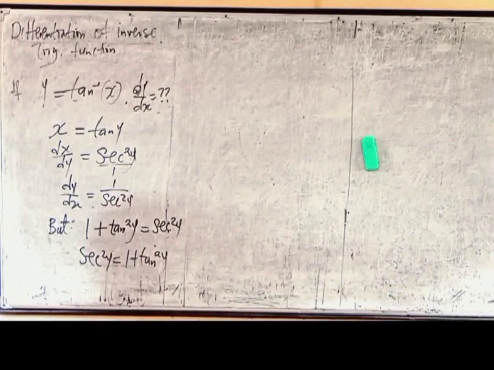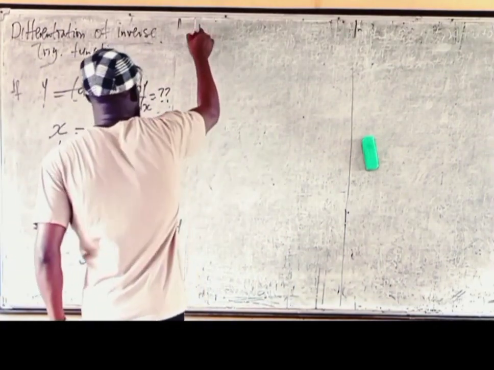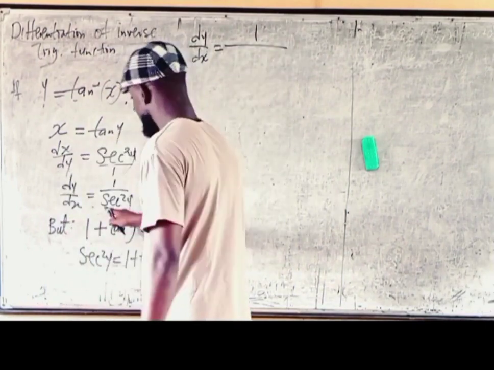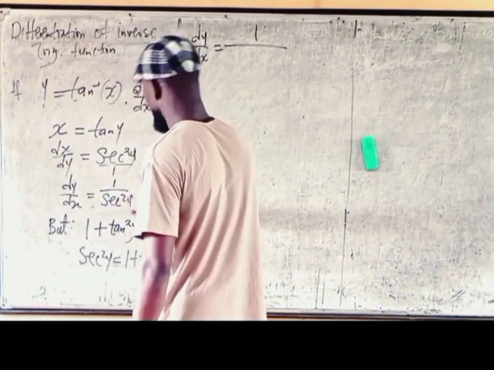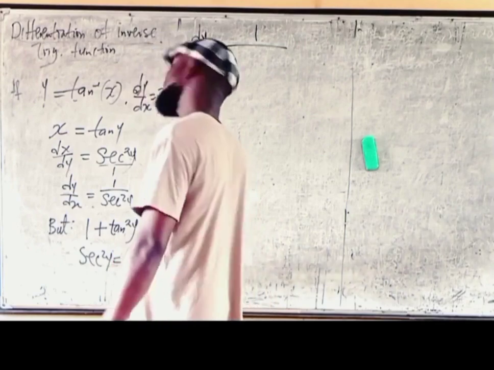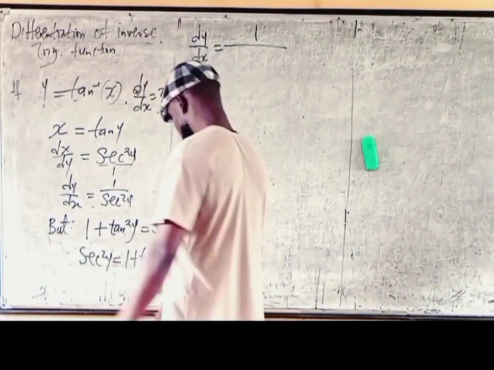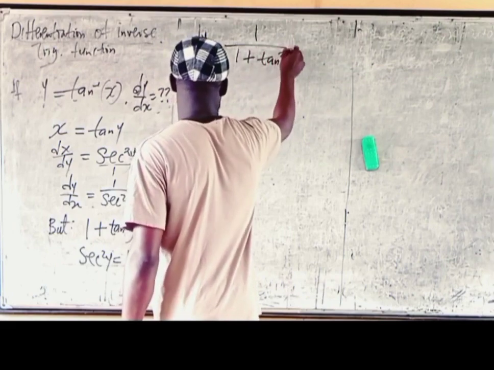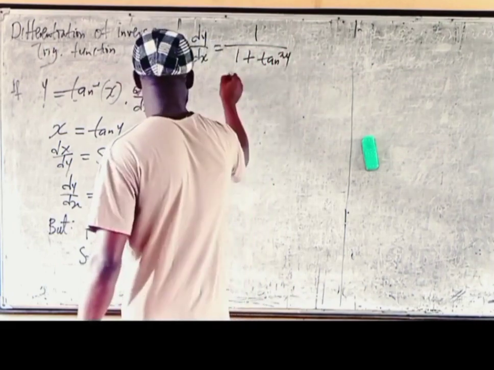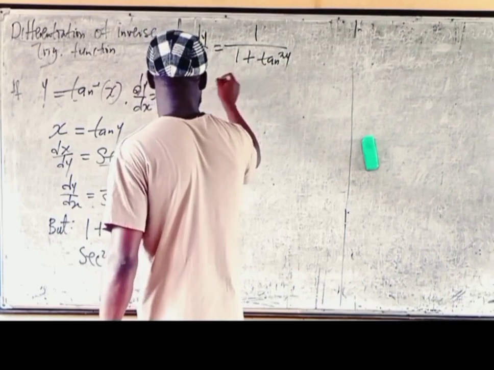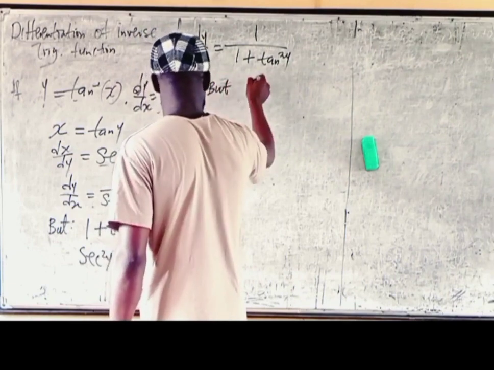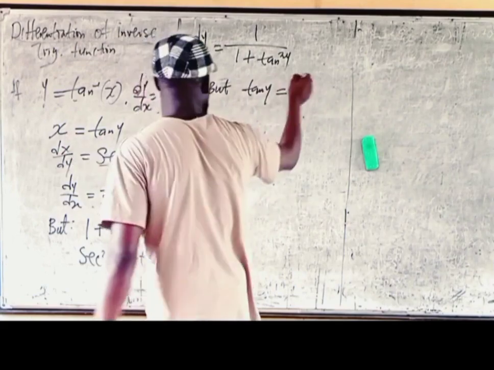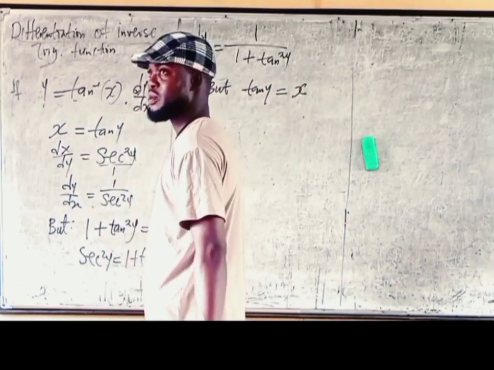It means the same thing. So the answer, dy over dx, is 1 over sec squared y. Since we have sec squared y, we can use the equivalent of that, which is 1 plus tan squared y. But we know that tan y means x. That's the meaning of tan y.